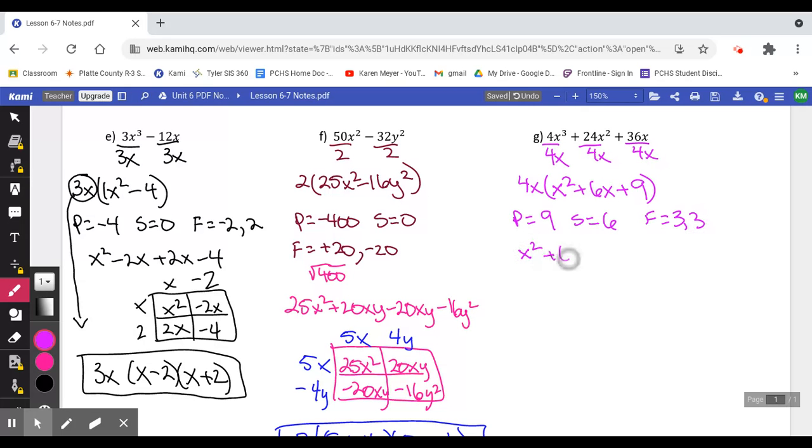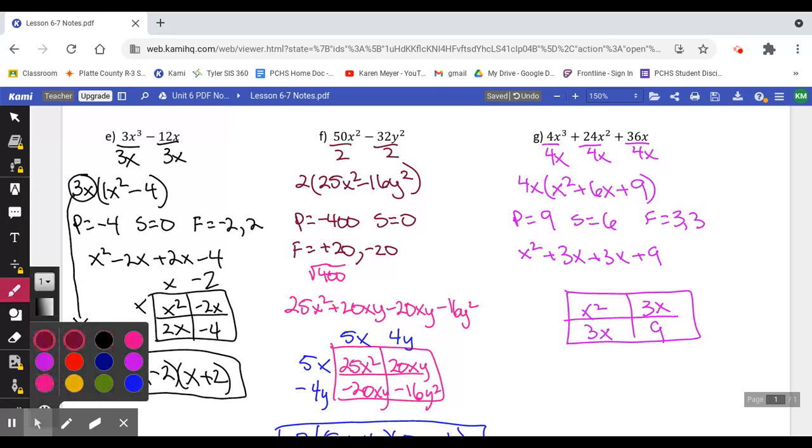So expand it to 4 terms. Then we're going to make our box. We're going to put those inside of our box. And then take out our GCF.